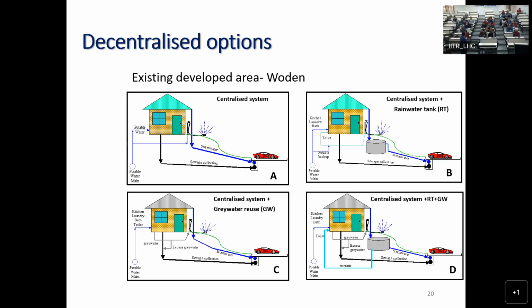In the trunk sewers, flow is very fast. So sometimes we have to flush them. Otherwise, because the flow is less, we have to provide a high gradient to create the velocity for transportation of solids.